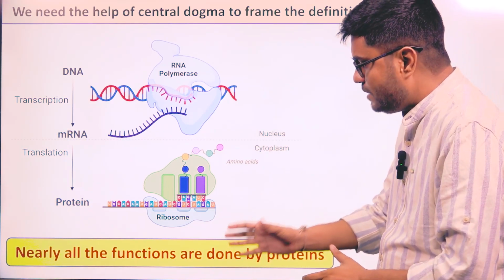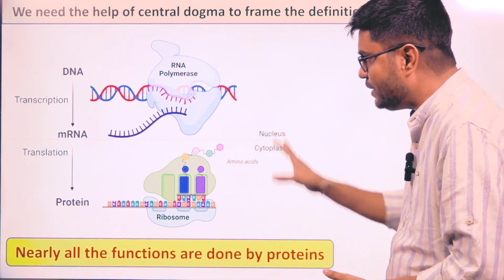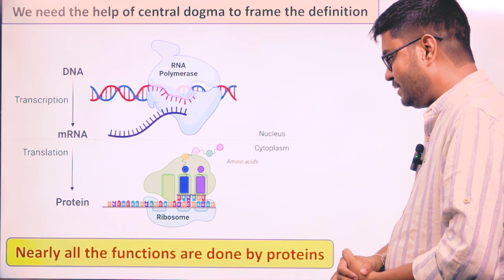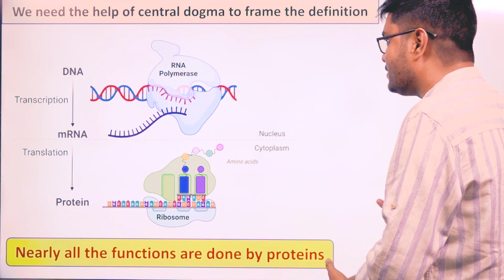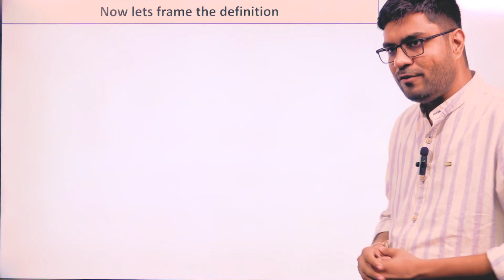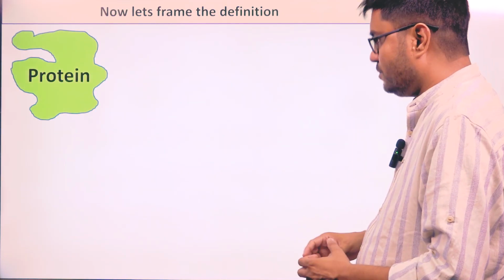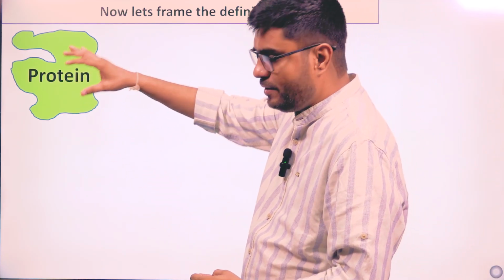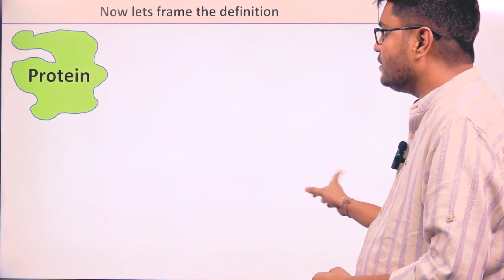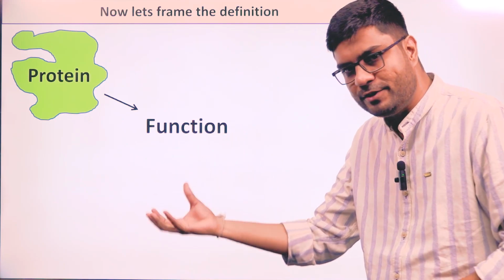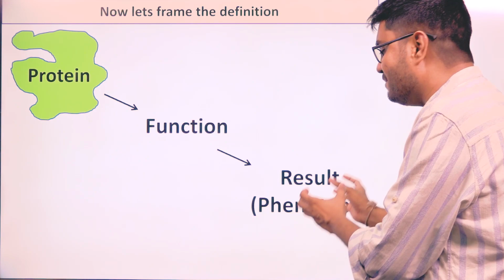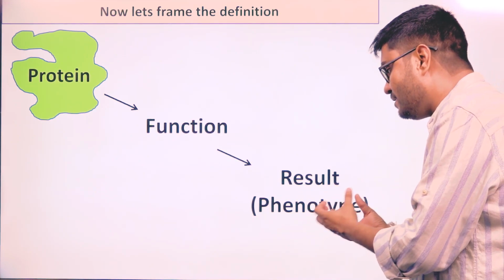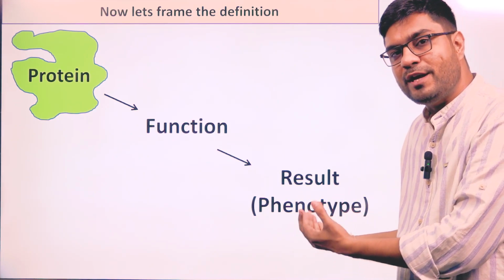Now let's utilize this information of the central dogma and the fact that functions are done by proteins to frame the definition of phenotype. So we have a particular protein which is doing a particular function, and because of that function we are getting some result, and this result we call phenotype.